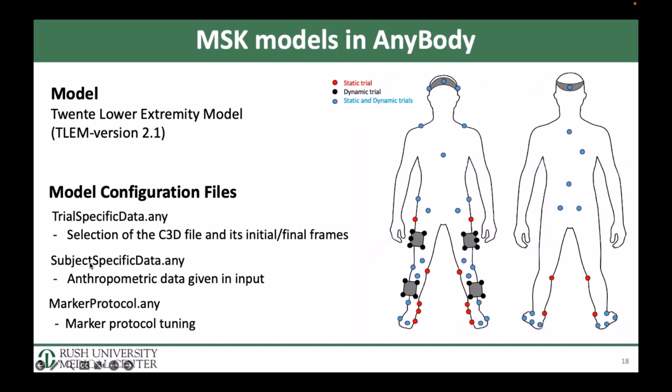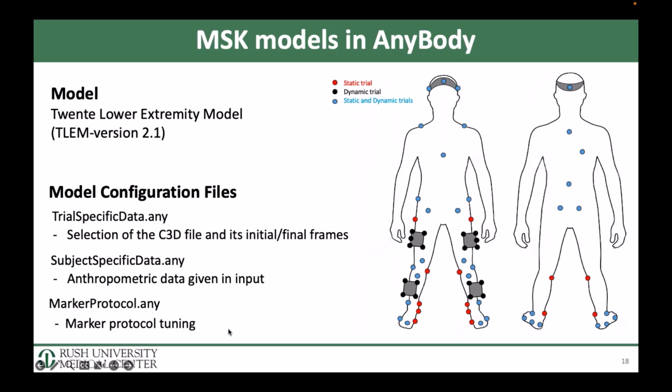Then we have the subject specific data.any, to enter some information about the subject that is performing the motion task, like anthropometric measurements such as body mass and body height, and also the marker protocol.any, in which marker protocol tuning can be performed.